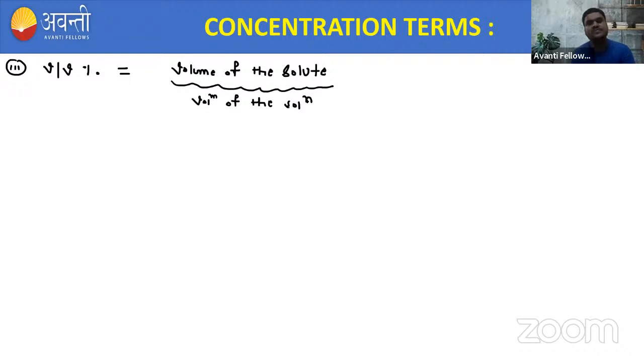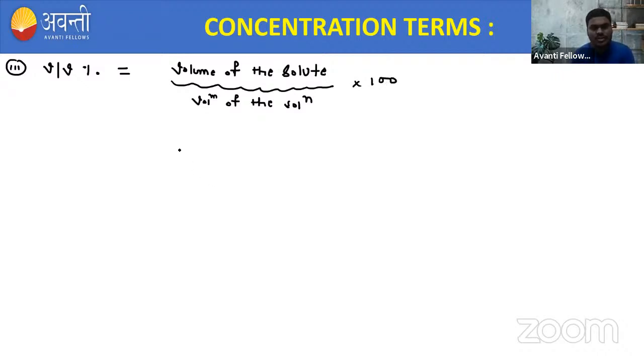So here both solute and solution are in milliliter only, right? Because here we are considering V by V percentage, multiplied by 100, because this is also a percentage.